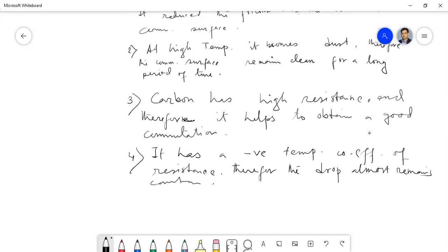And number 5, so that is another point, that is the carbon is basically an amorphous material, so carbons are available in different forms.